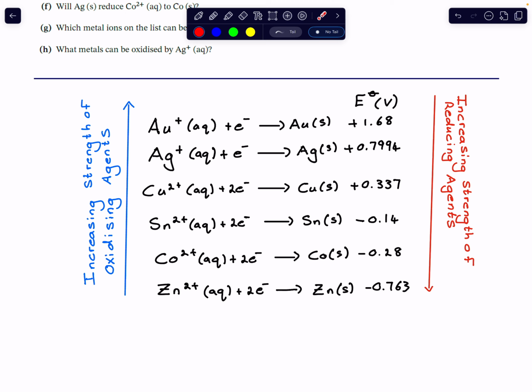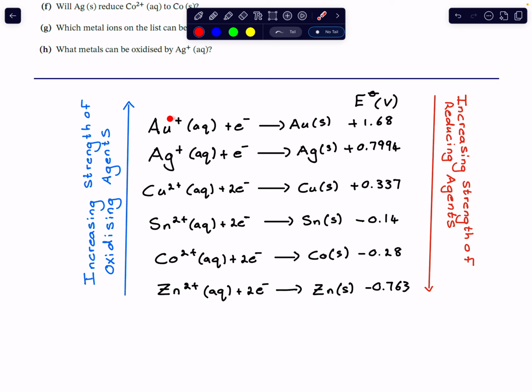All right, and then of course we can remember what our trends are. The more positive the half cell potential is, the greater the strength of the oxidizing agent, meaning its likelihood to be reduced.